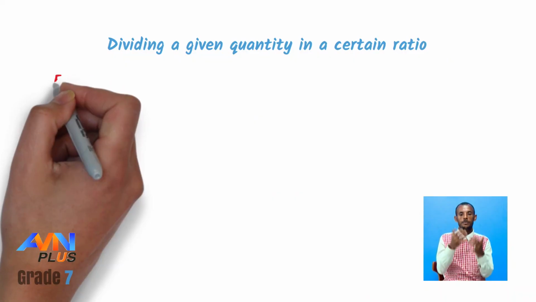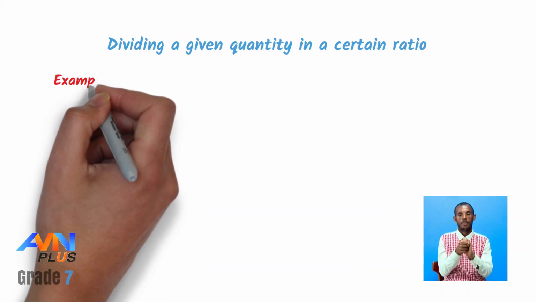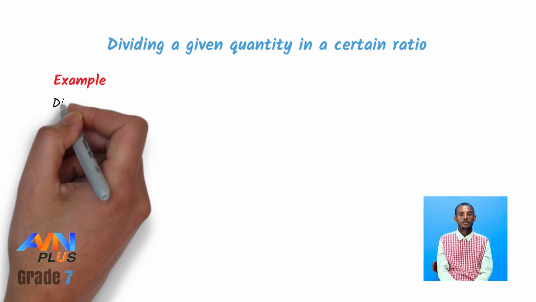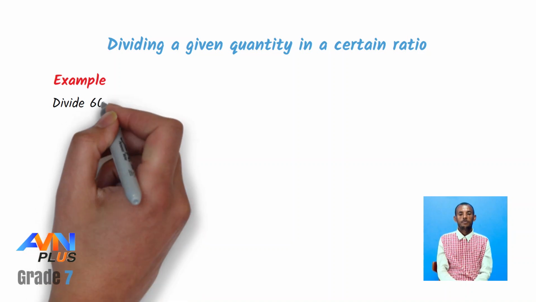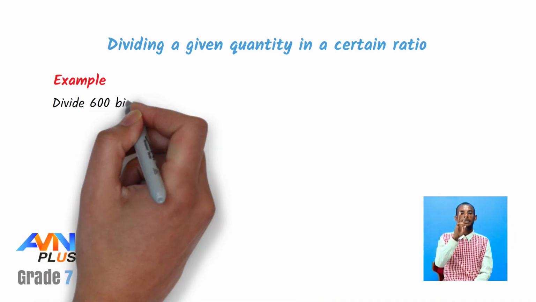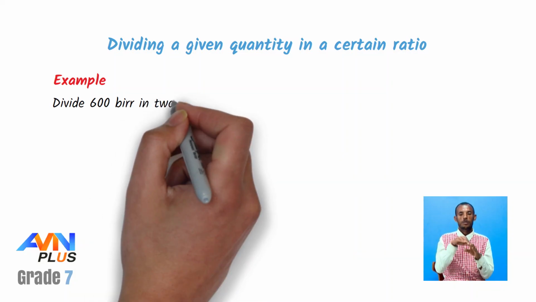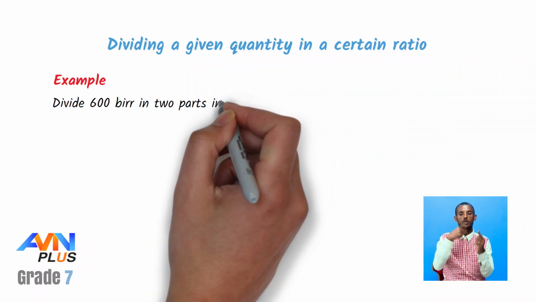Now let's see this through an example. Divide 600 birr into 2 parts.